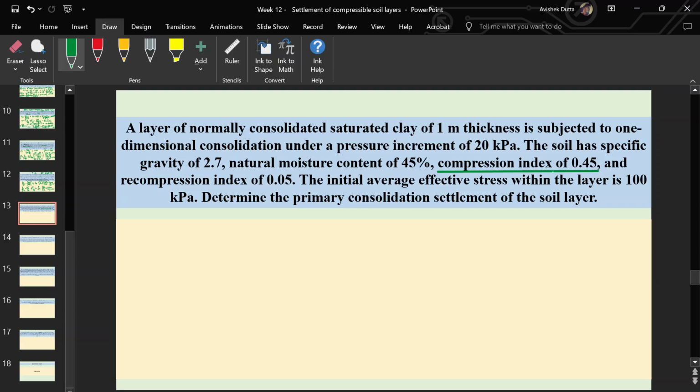Now, to find e0, the initial void ratio, again the same thing, saturated. So S equals 1, we get a similar value, 1.215.